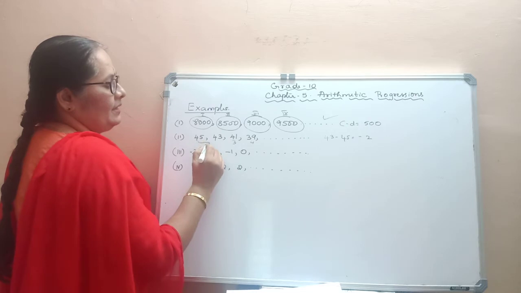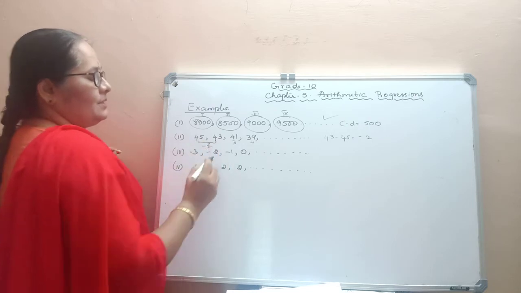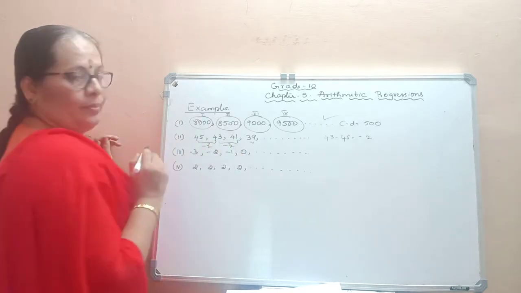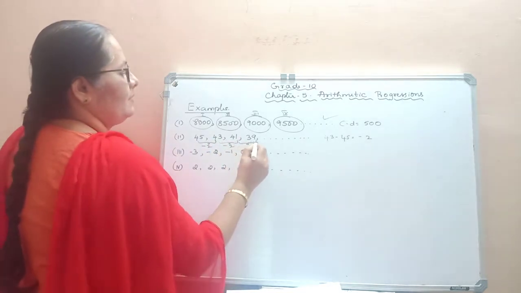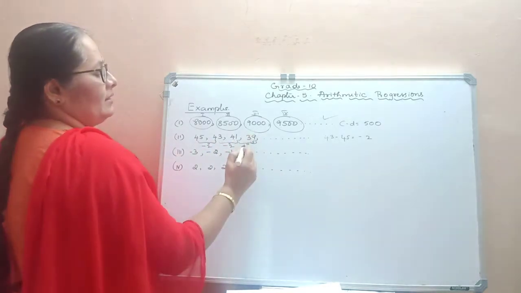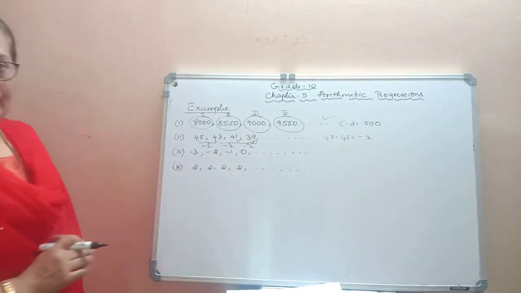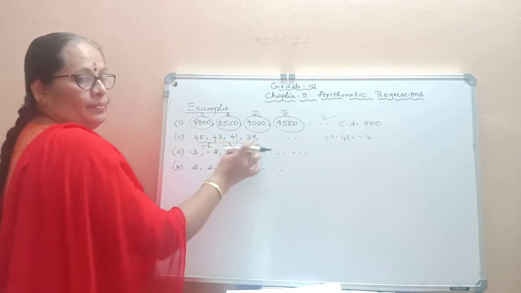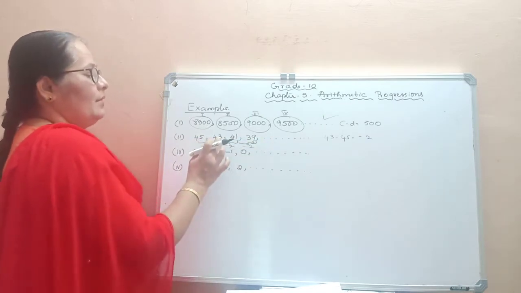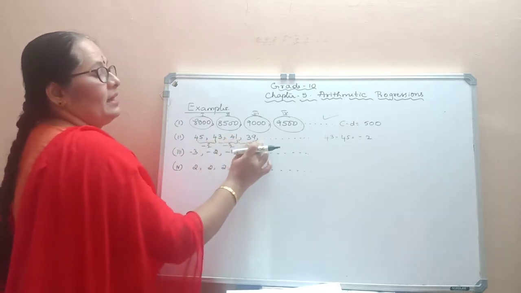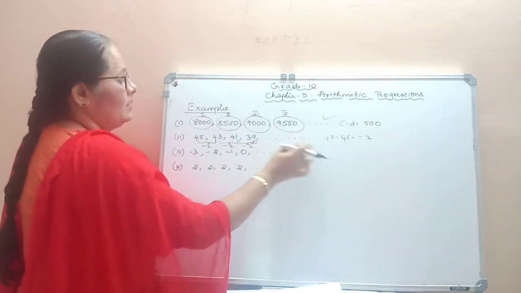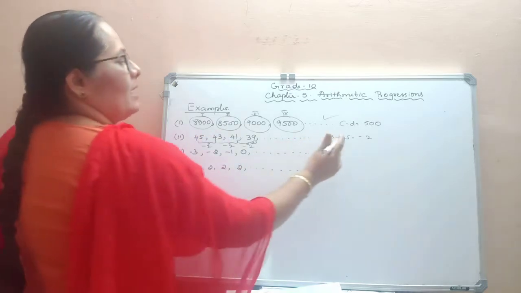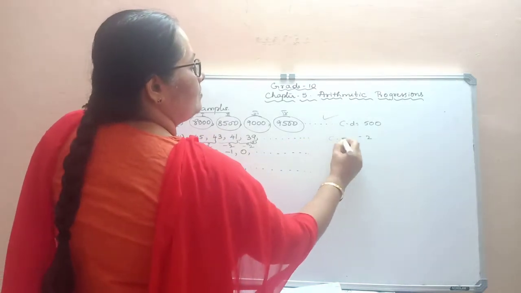The difference between these two numbers is minus 2, the difference between these two numbers is also minus 2, and the difference between 41 and 39 is also minus 2. It means if you add minus 2 to each number, you will get 43, 41, 39, and so on. So, this sequence is in arithmetic progression and the common difference is minus 2.